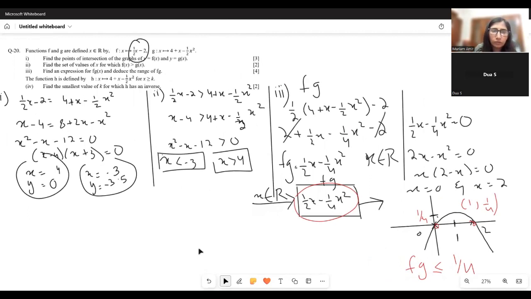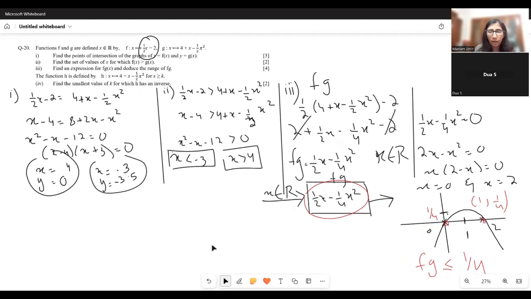Find the smallest value of k for which h has an inverse, and we're given the function 4 plus x minus half x squared.